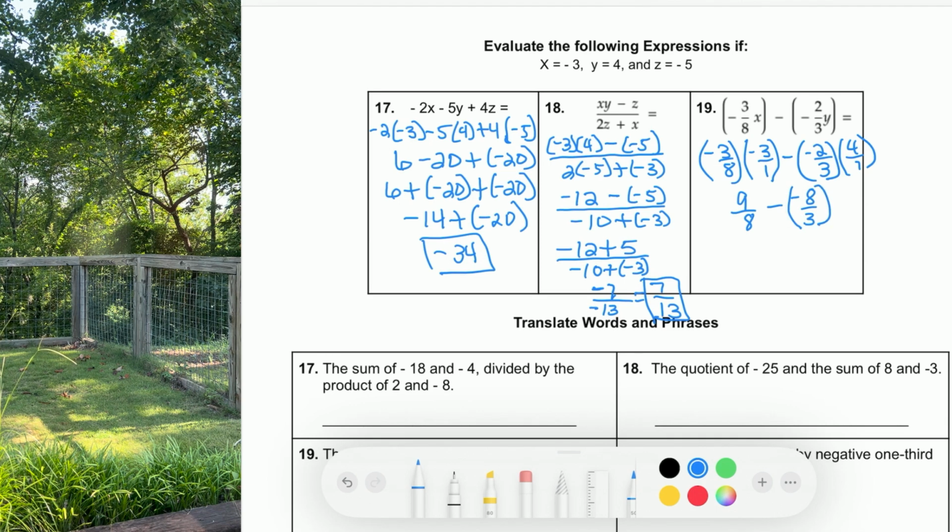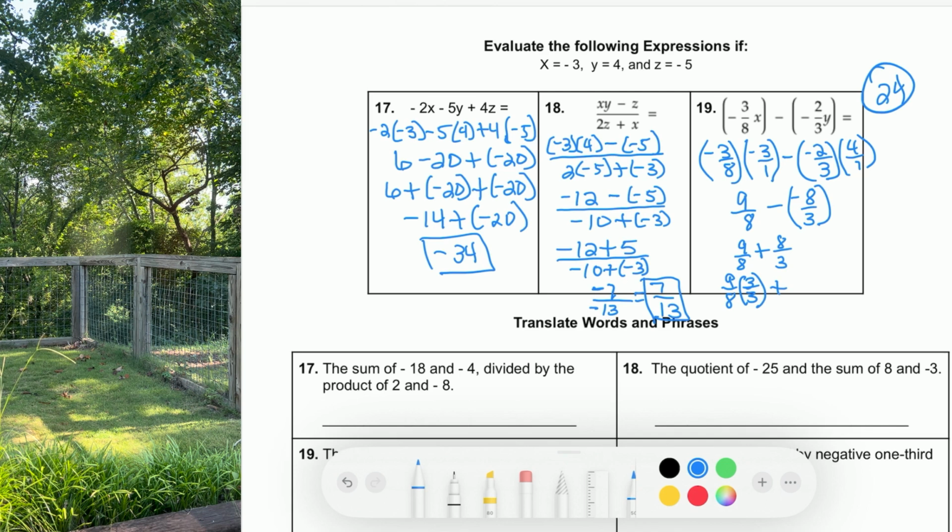Okay, so I'm going to go ahead and do keep it, change. So I have 9/8 plus 8/3. Now I need to get our common denominator. So I think we're going to go with 24. 9/8 times 3/3. That would give us a 24 in the denominator.